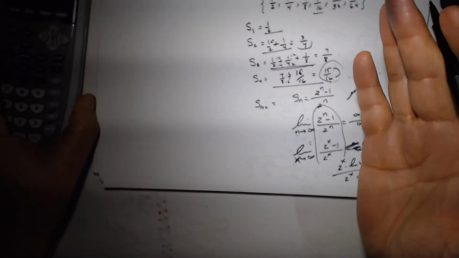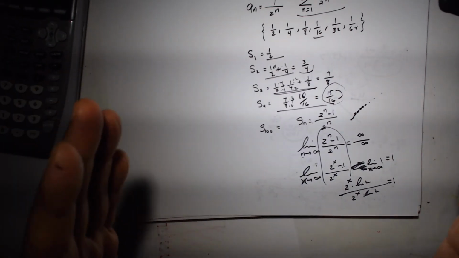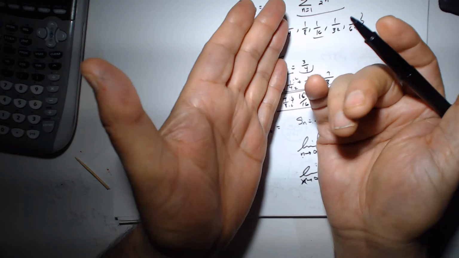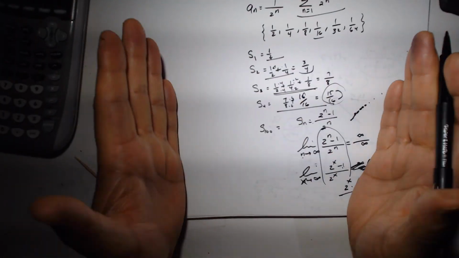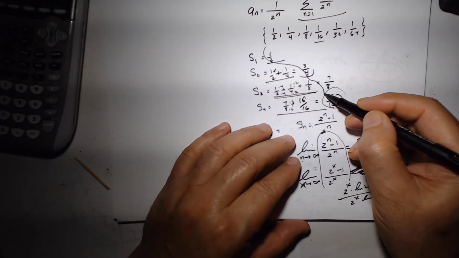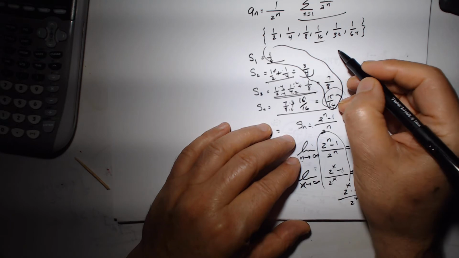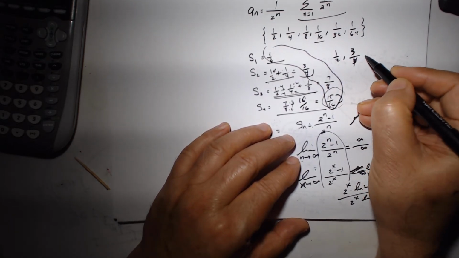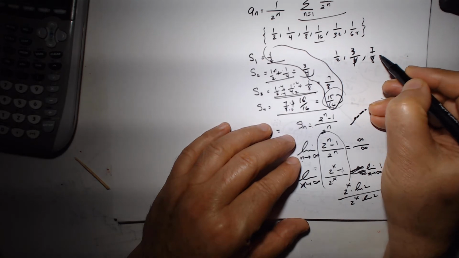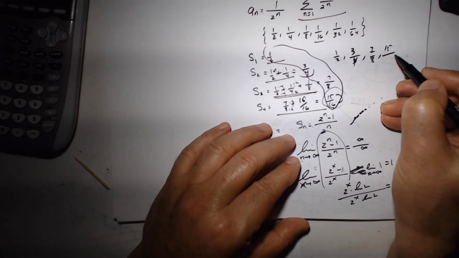Therefore, if it is an infinite series, maybe add the first 2, then the first 3, then the first 4, then the first 10, and see what kind of series that gives you. The partial sum itself is a new sequence.